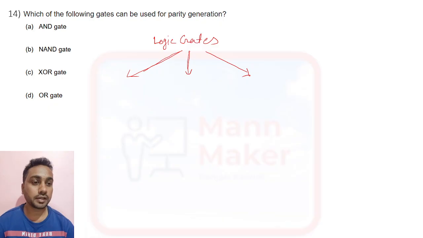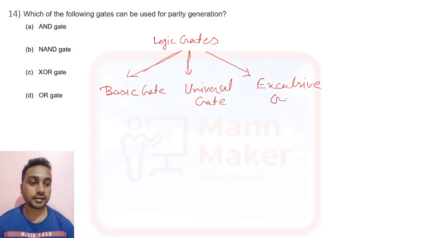But that is another thing. The three types of logic gates are: one is basic gates, another one is universal gates, and the third one is exclusive gates.